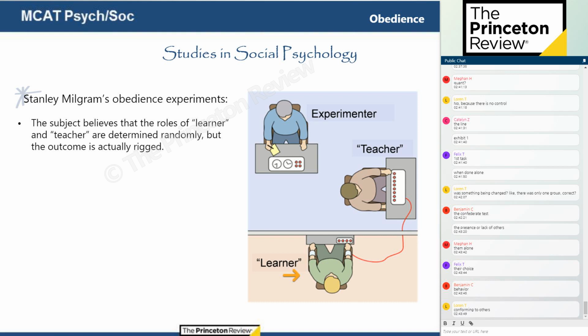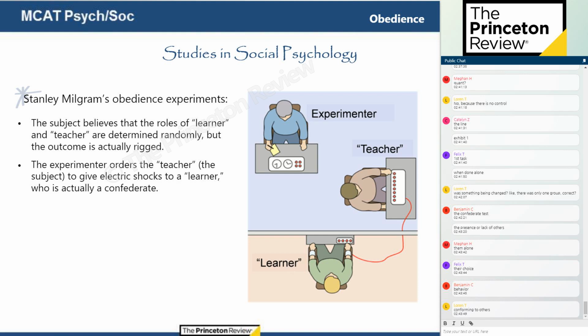So that's how the subject thinks that this is random assignment, but it's not. Okay, the experimenter then orders the teacher to give electric shocks to the learner who's actually in on it, and actually no real electric shocks are being given, but the teacher doesn't know that.